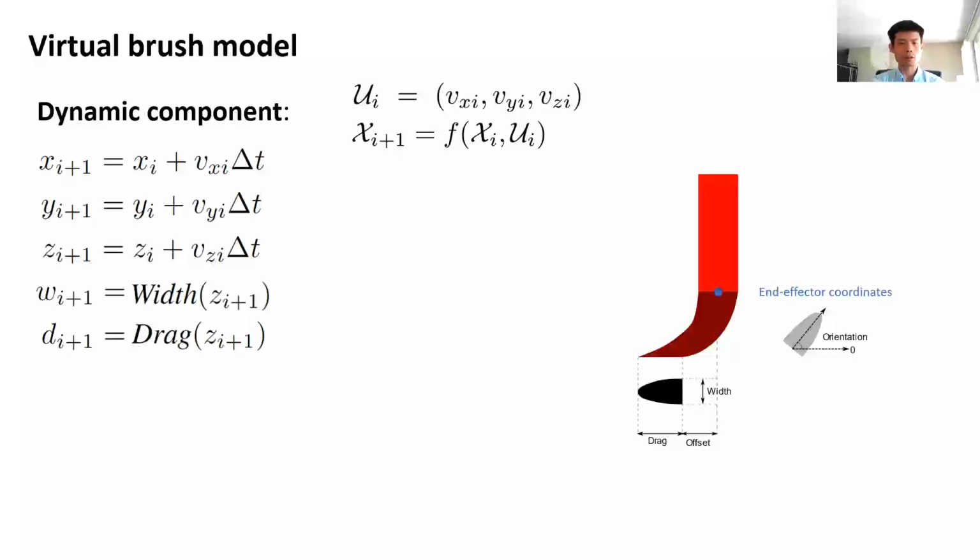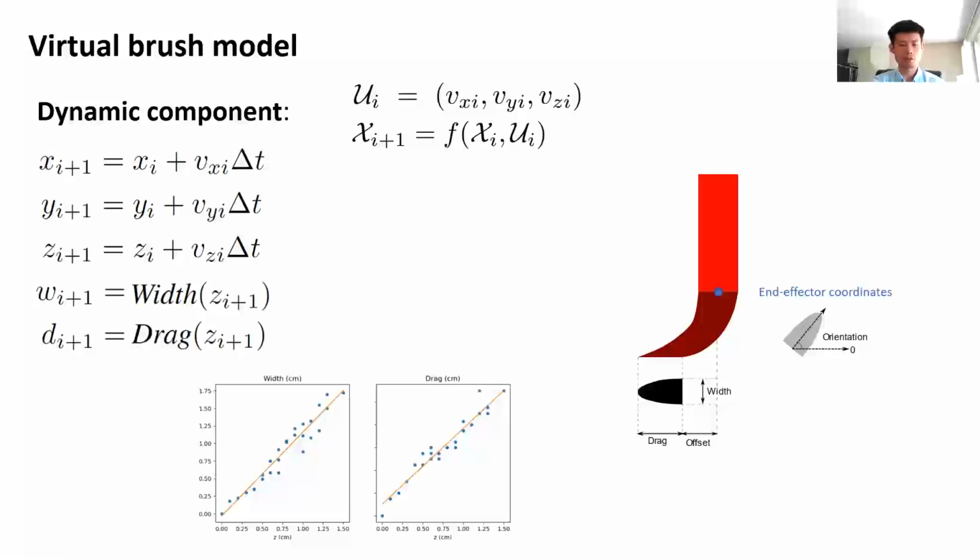The width and drag parameters are updated in a more complicated way. We performed a lot of experiments to connect the writing marks in different situations, and here is what we found. In these two figures, it is shown that the width and drag parameters follow a very good linear relationship with respect to the z parameter, which describes how much the brush is pushed down during the writing process.